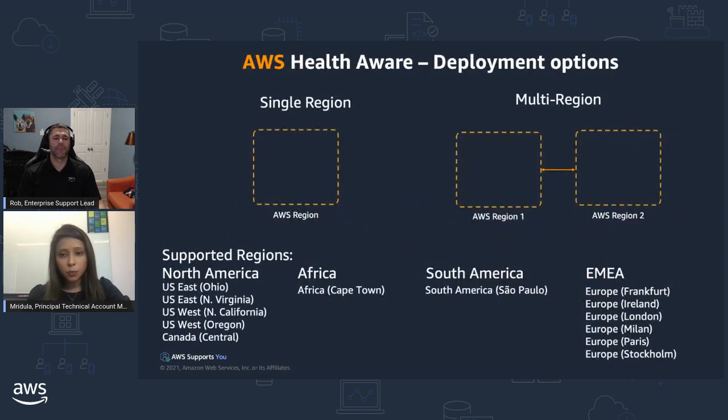Coming to the supported regions, AHA is available in countries such as Africa, Europe, North America, and South America. And for the deployment options, AHA is currently available to deploy in two modes: single region and multi-region. Single region architecture enables users to deploy AHA on a given single region, which is the AWS region.